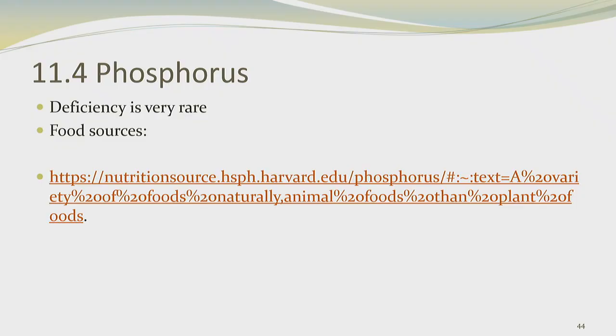So if we can go to, I think it's week 12, we can see a link that takes us to a reading with regards to phosphorus, and then we can try and answer some questions about its food sources and what the deficiency symptoms look like.